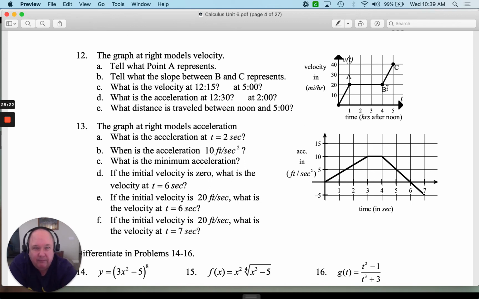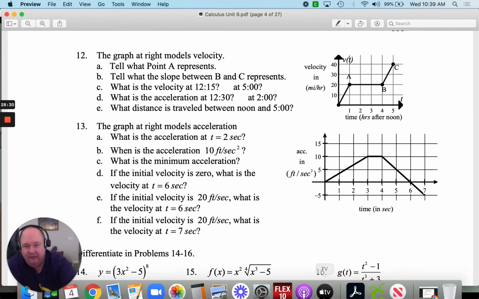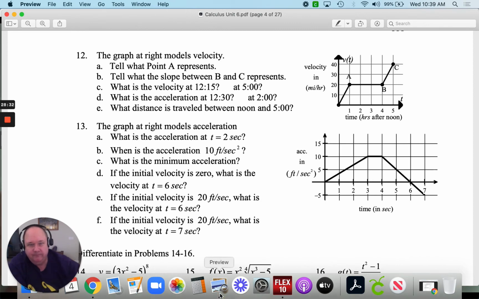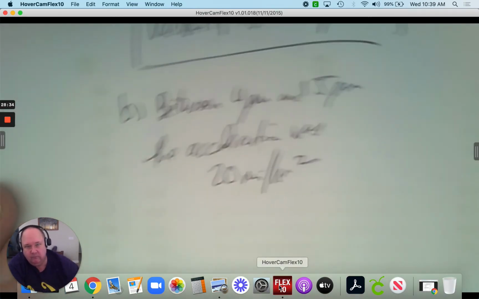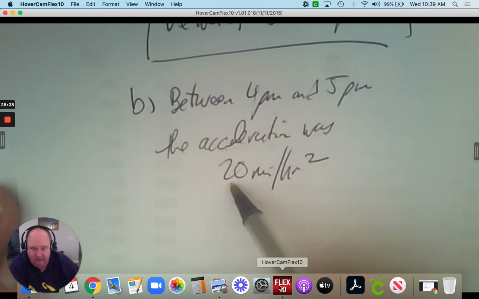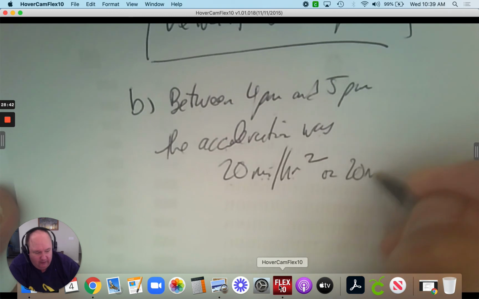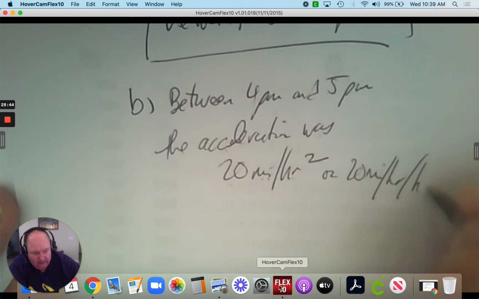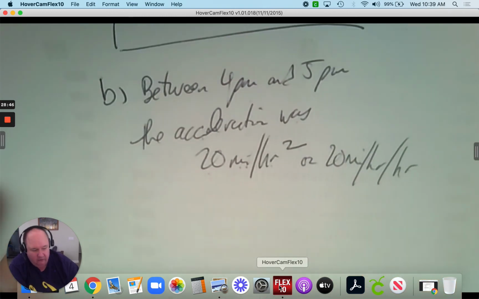How many up? So up 20 and over 1. So it'd be 20 miles per hour squared. That's how you write down acceleration. So between 4 p.m. and 5 p.m., the acceleration was 20 miles per hour squared. Or you could write it 20 miles per hour per hour. That's another way to write acceleration.